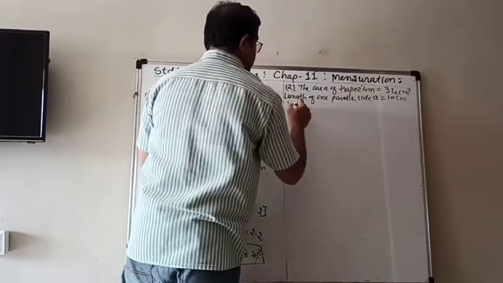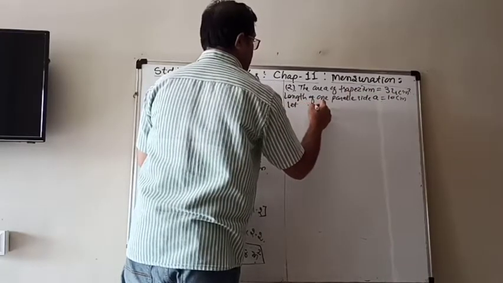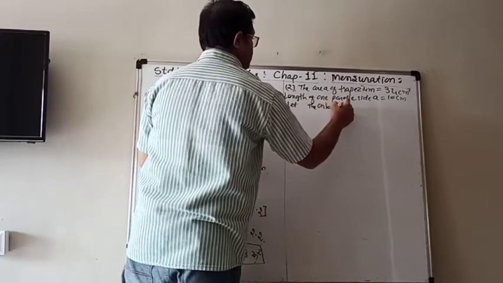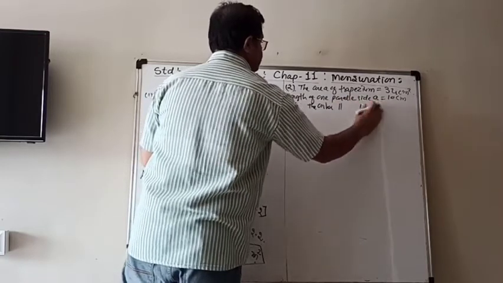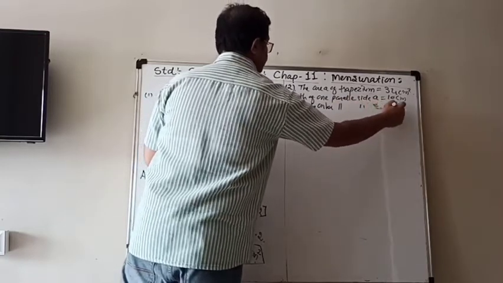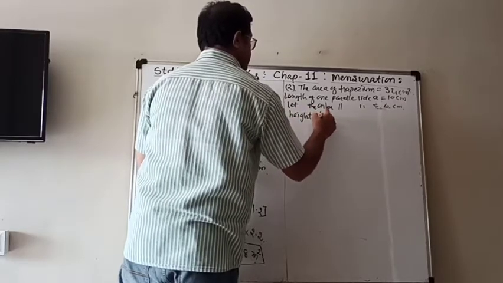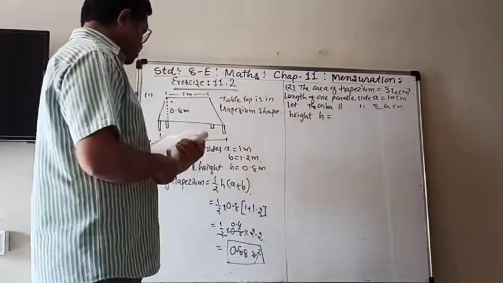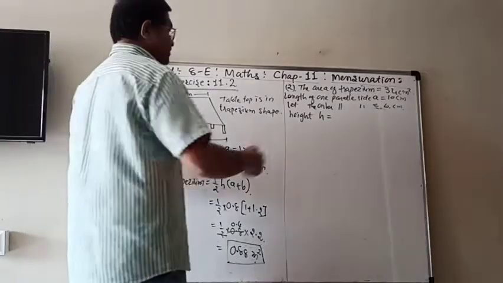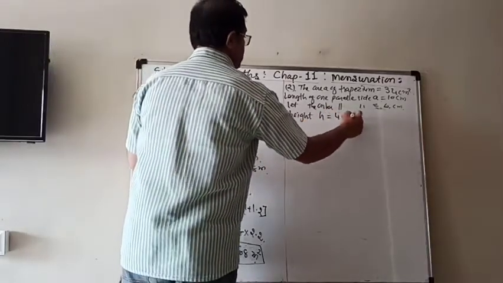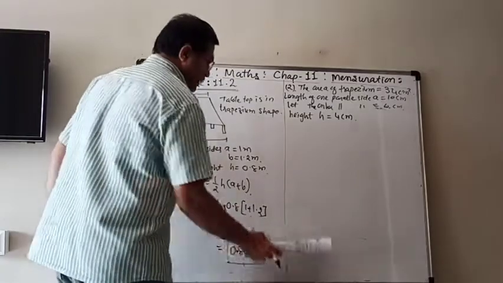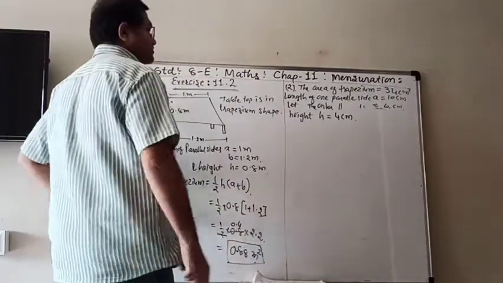You have to find the second one. So let the other parallel side be b centimeter. And the height h is also given as 4 centimeter.